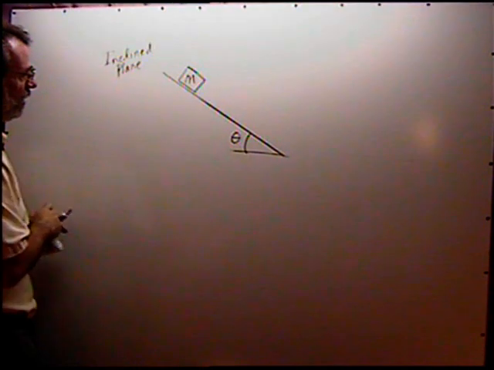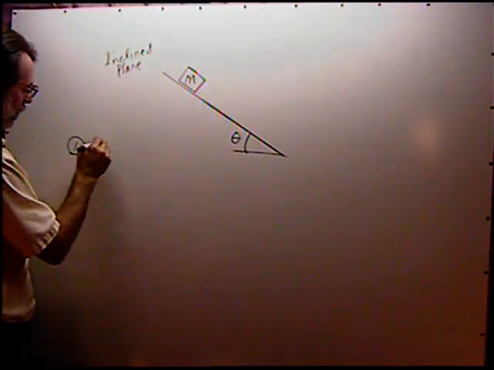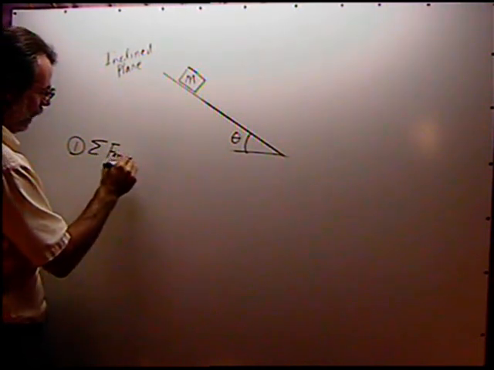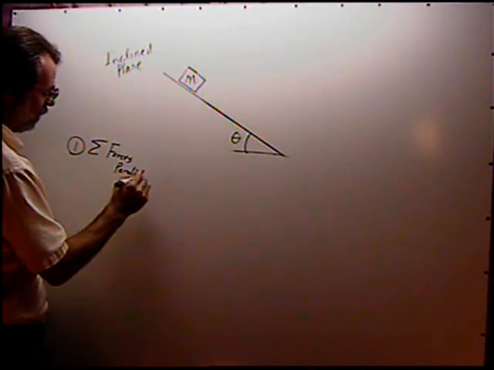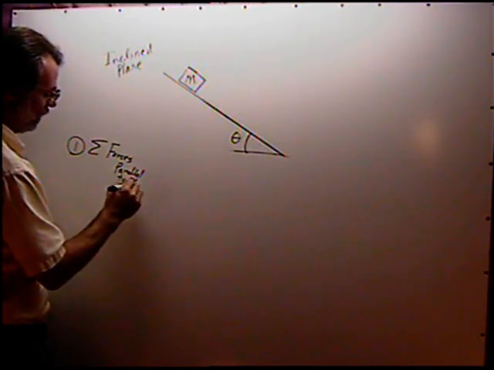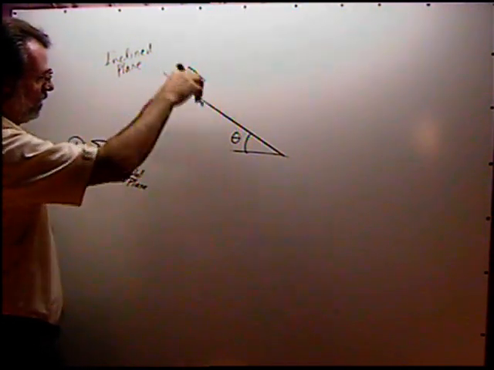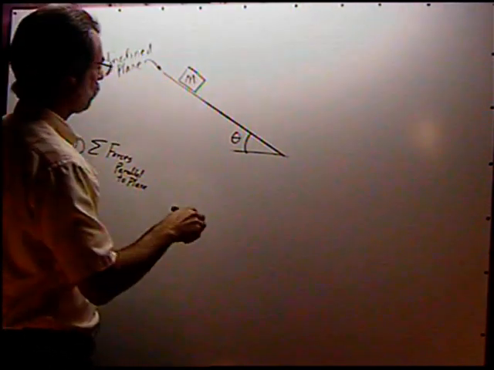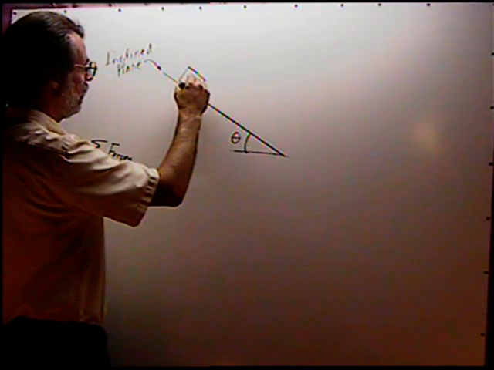Okay, so let's look at the sum of the forces that are parallel or along the plane. Again, the plane is this line right here. We take now the mass, the weight.